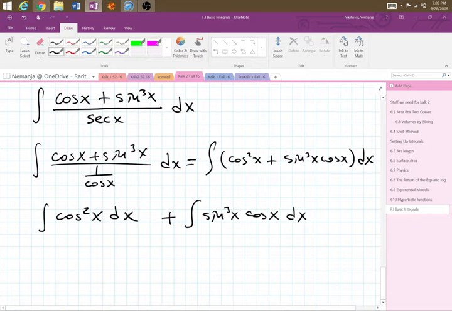Okay. Cosine squared of x, you can change that to (1 plus cosine 2x) over 2. What's that called? Power reduction. You're going from the second power down to the first power. It's a power reduction formula.